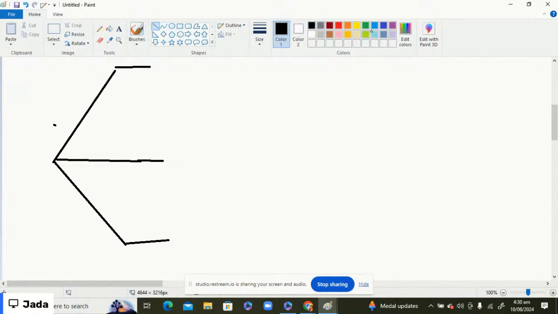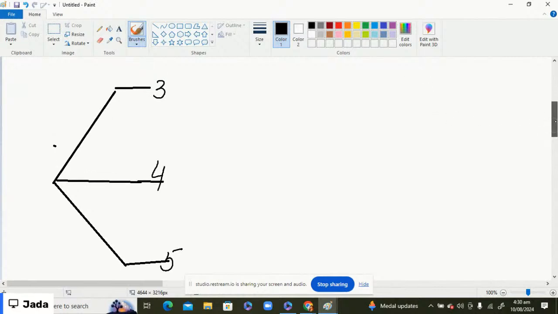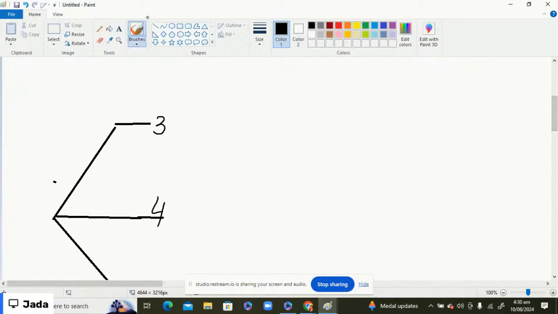So how many are given? These are given 3, 4, and 5. Okay, these are the events which are given. So first for the 3, it's for 4, 5, 6, and 7.